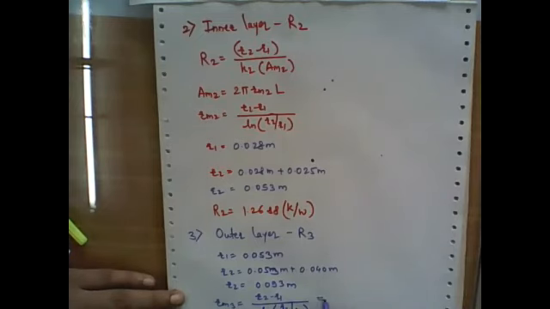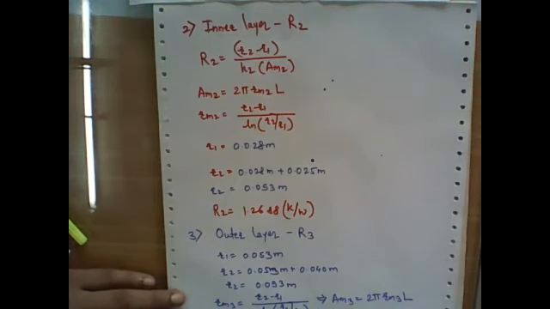On the basis of this RM3 value, we can calculate AM3, that is 2 pi RM3 L. And on the basis of this AM3, we can calculate capital R3, that is r2 minus r1 upon K3 AM3, right?